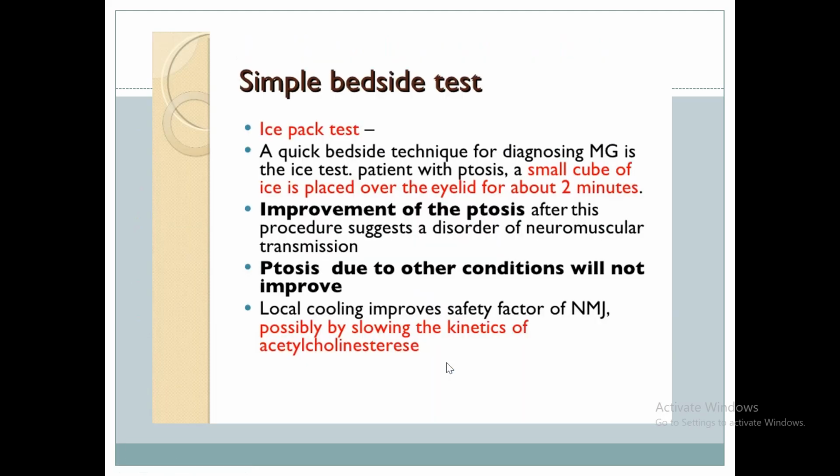What is myasthenic crisis? It is also an emergency presentation of myasthenia. Sometimes a patient may present directly for the first time with myasthenic crisis, but the majority of cases are those who have underlying Myasthenia gravis.